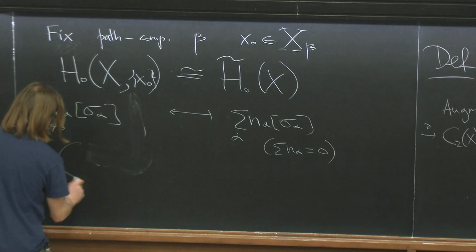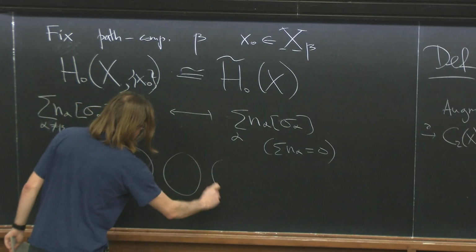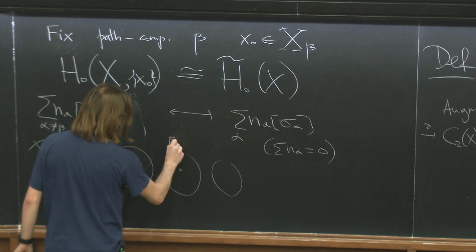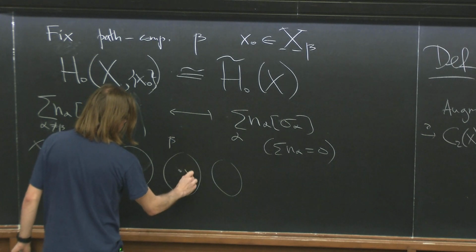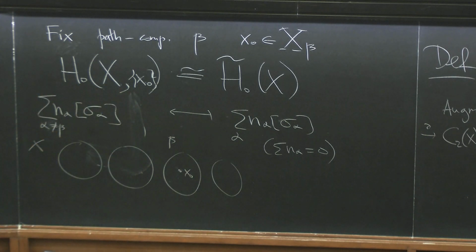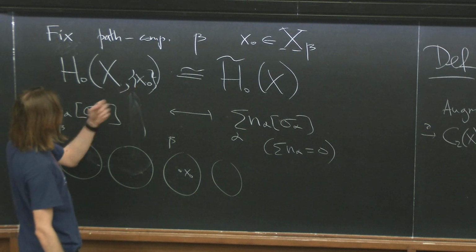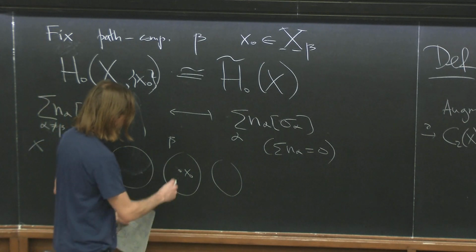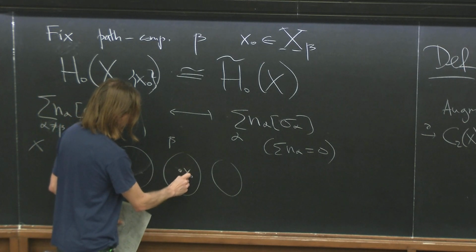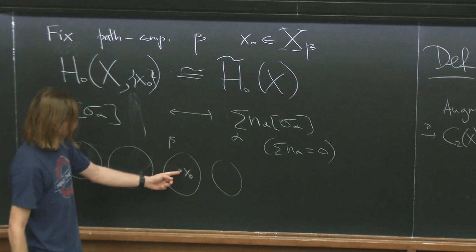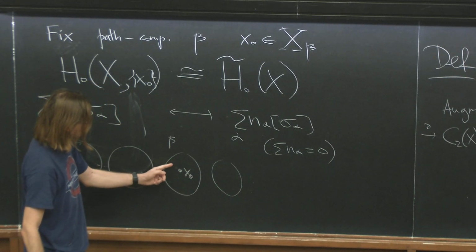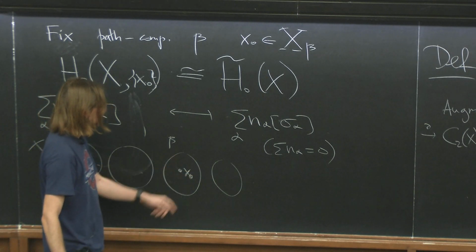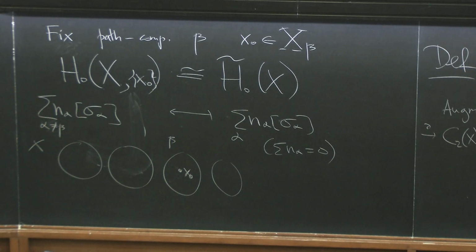excluding this beta. So if you schematically represent your X like this, and you fix some connected component beta, and there's a point x_0 here, and you consider relative homology with respect to this x_0, you quotient over all maps which map to x_0, and which are homologous to all maps with the image in any point of that component.